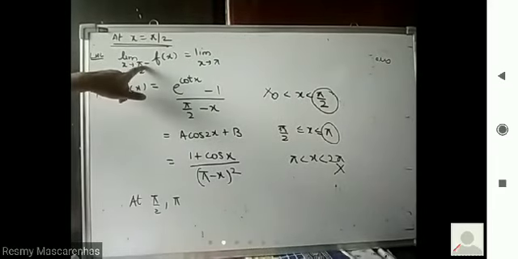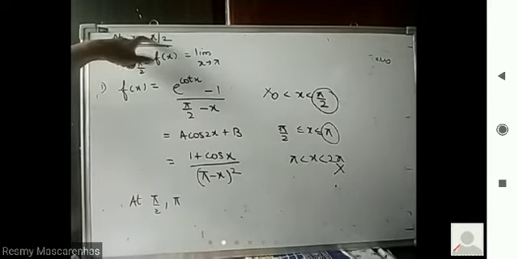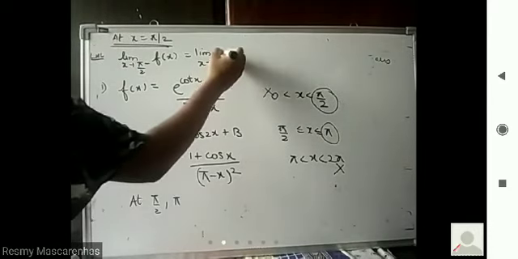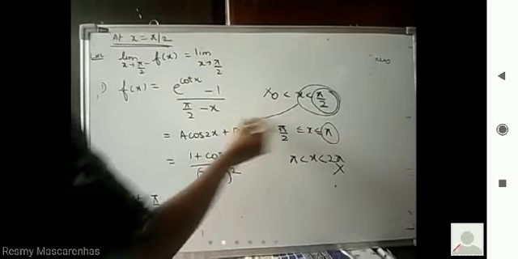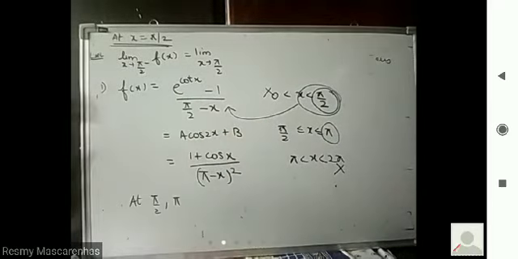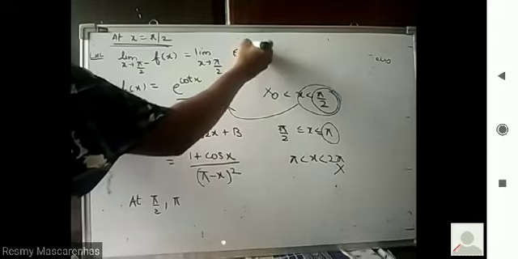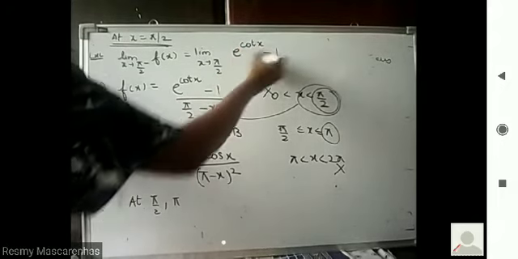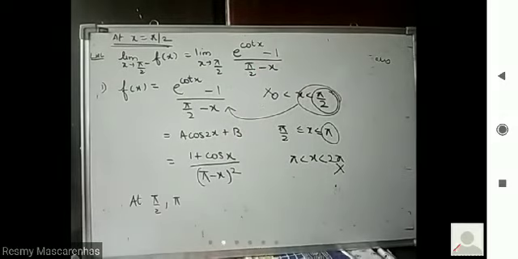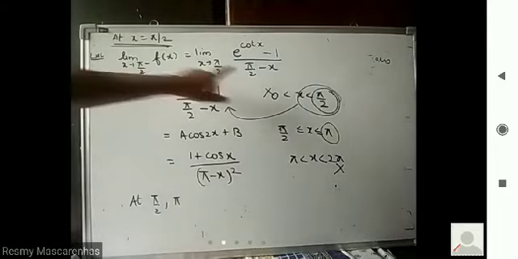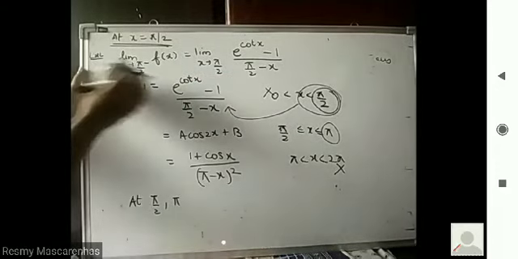Why minus here? Because we are finding the left hand limit at pi by 2. Now check where x is less than pi by 2 here. So which function to substitute? This function is to be substituted. So e raised to cot x minus 1 upon pi by 2 minus x. Okay, so I have substituted here. Now we have to find the limit.